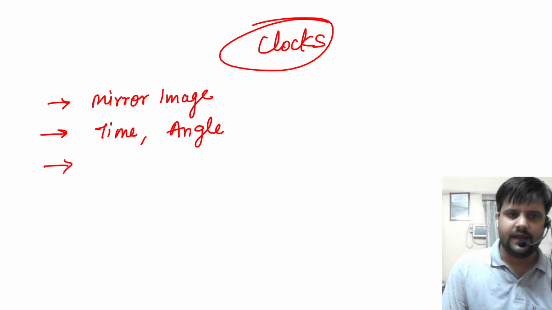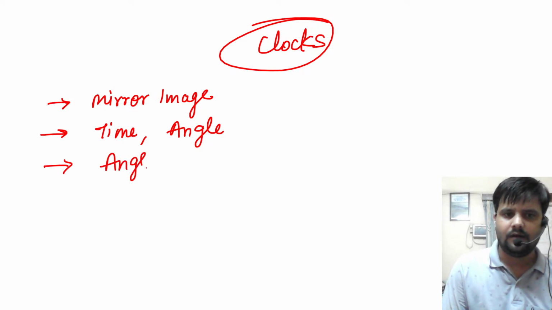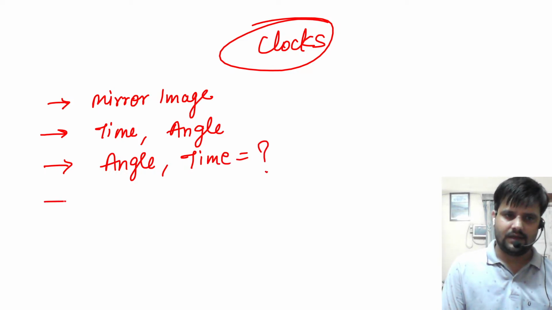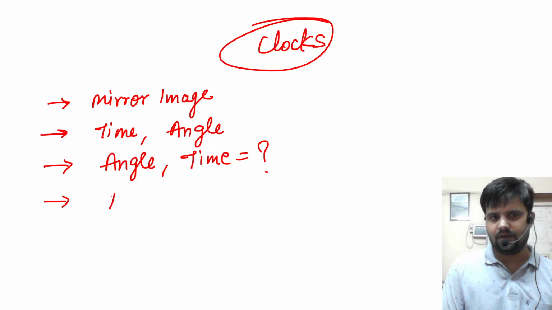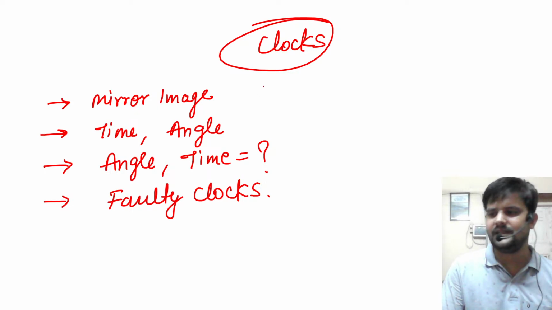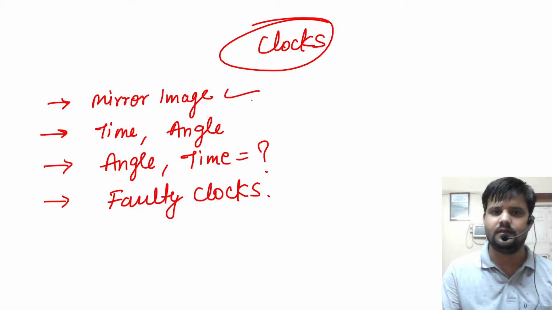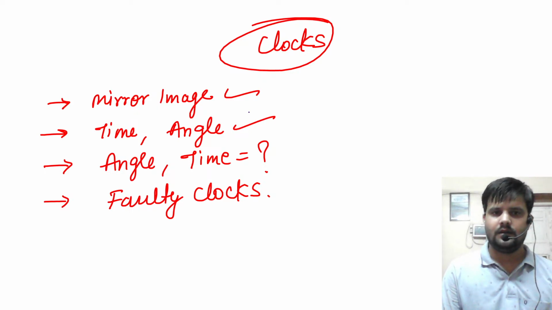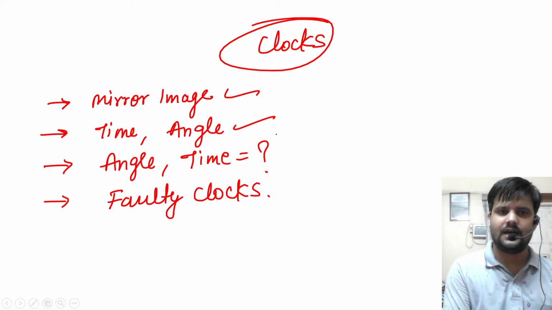The third one would be they will give you an angle and ask you about the time at which this angle will be formed. Now the last part will be based on faulty clocks. I'm starting from 0. I'm assuming that some of the students have not done even these two parts. Alright, so let's start with mirror image first.